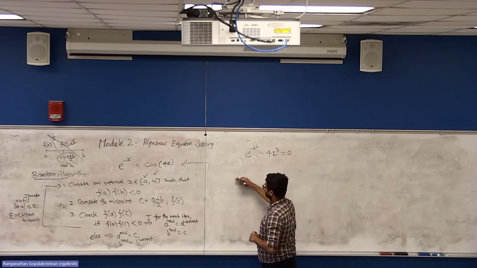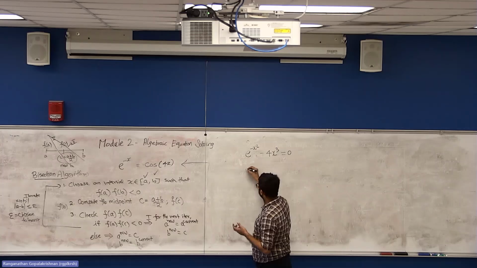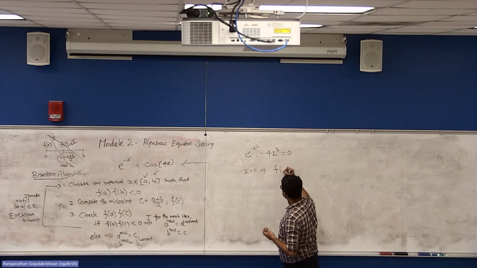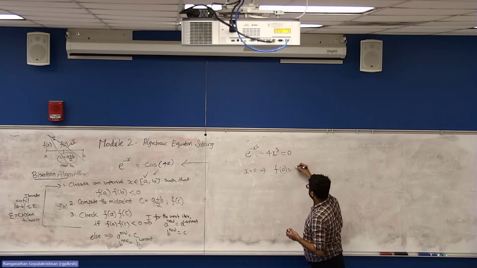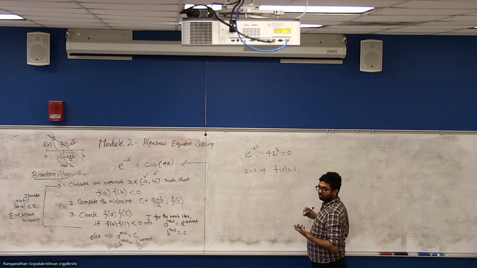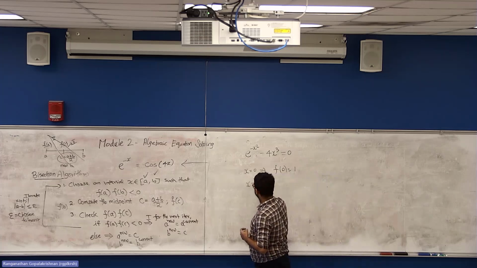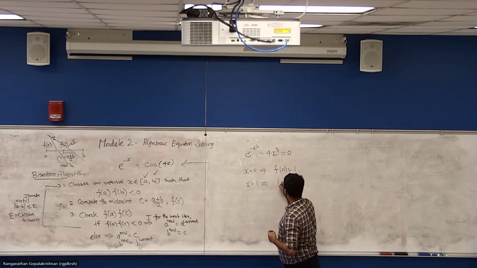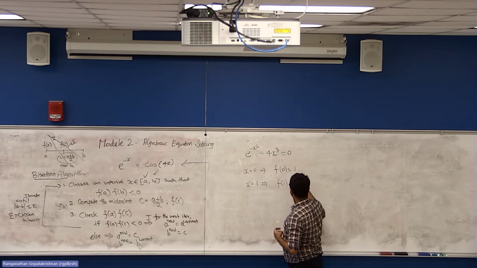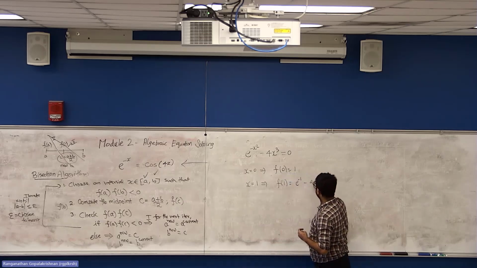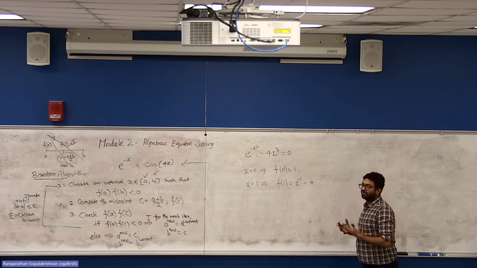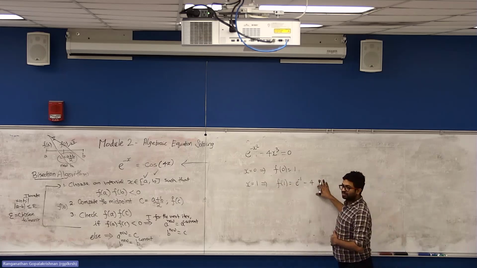But what I'll do is I'll try to take some simple values. Let's say I take x equal to 0. What is the value of the function? 1. Okay. Let's say I take x equal to 1. F of 1 would be e power minus 1 minus 4. Now I don't have a math degree, but I know this is negative, right?